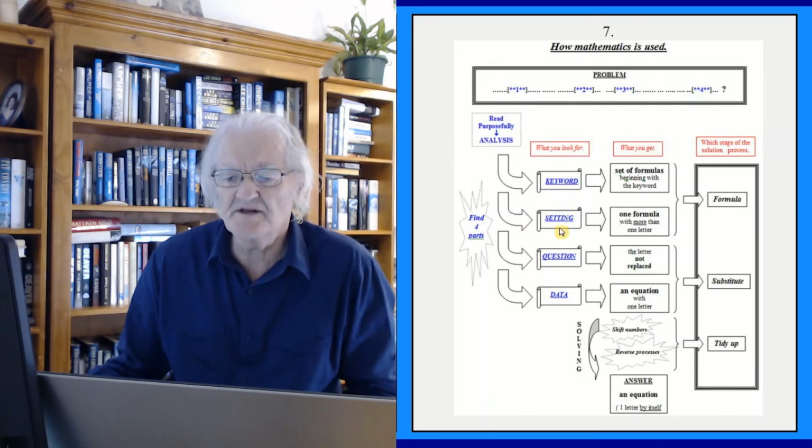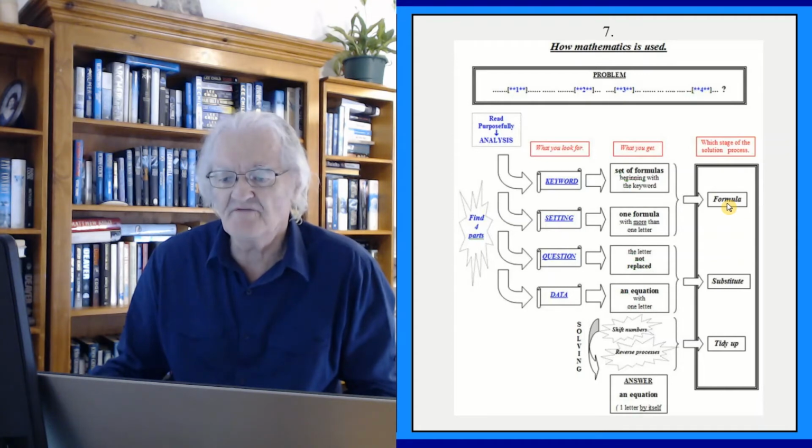The keyword and the setting work together. The keyword is a general term. The setting limits that to a specific situation. Between the two of them, they give us a formula to start our calculation.